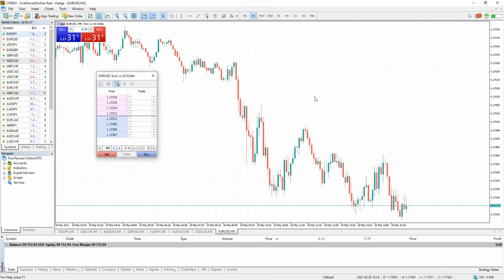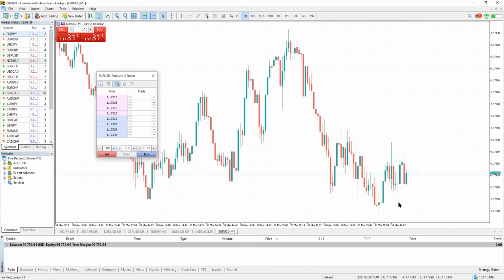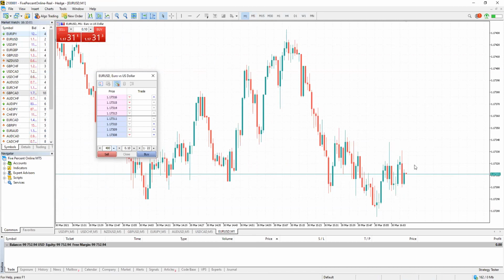Okay, so I want prices to come a bit lower, and I'll start building a buy position.